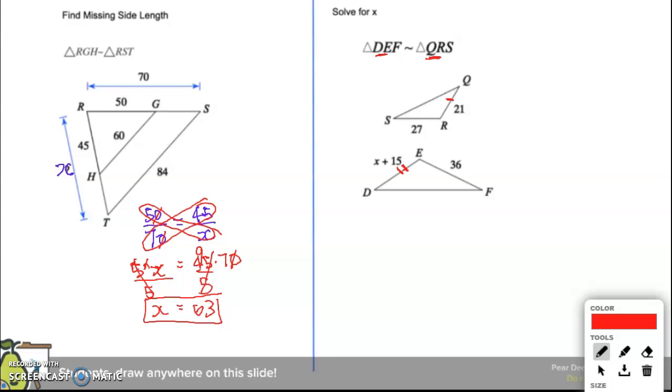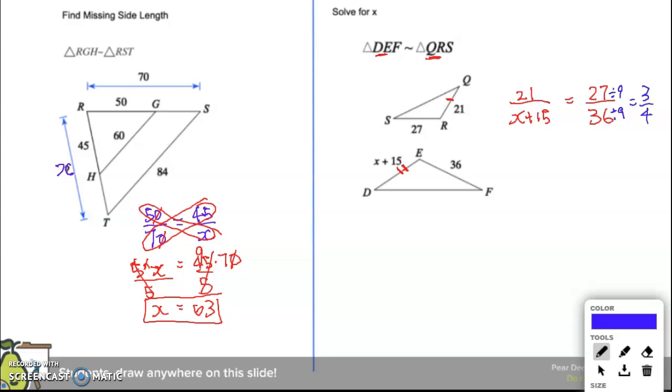So I can say 21 over x plus 15 is going to be equal to SR. SR and FE are corresponding, making sure. So 27 divided by 36. I can simplify this fraction as they're both divisible by 9. So divide by 9 and divide by 9, that simplifies to 3 over 4.